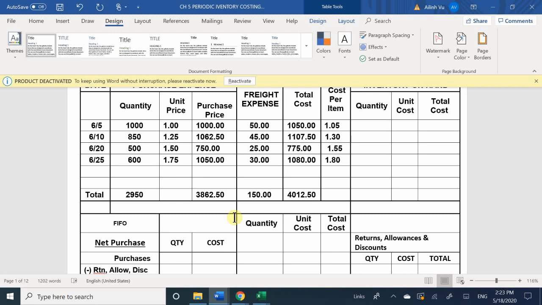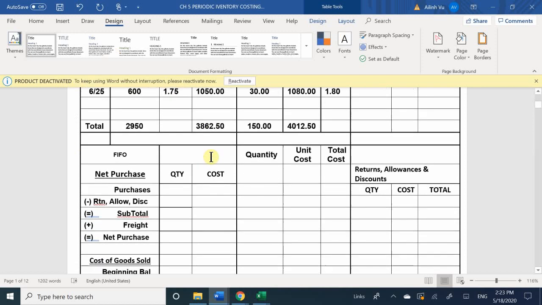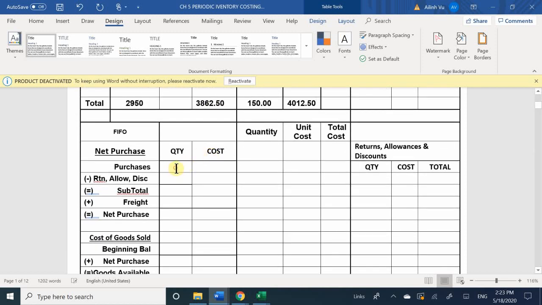Perfect. Now let's go ahead and bring it down to this. How much quantity would you have? 2950, and it cost us $3,862.50. We do not have any allowances, but we will see that on Thursday.